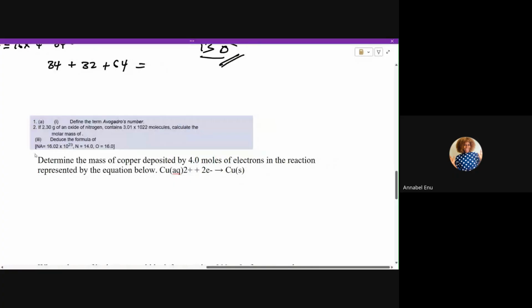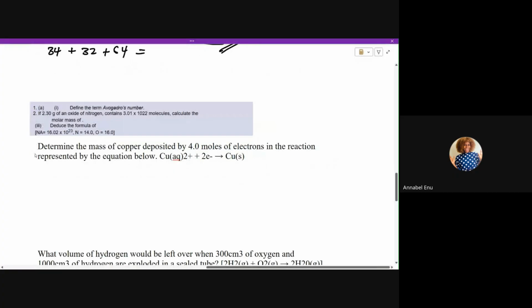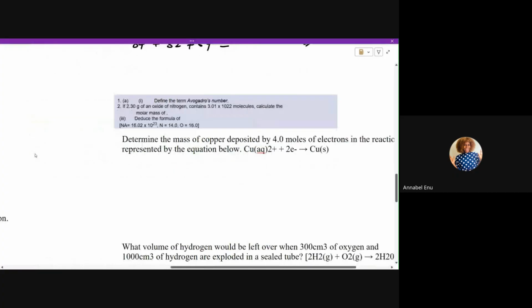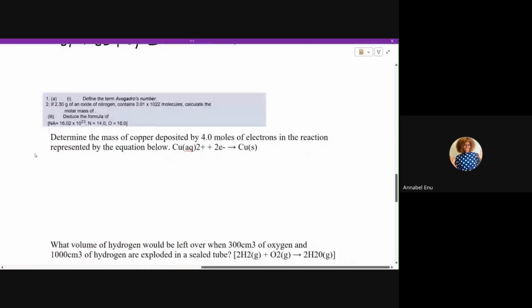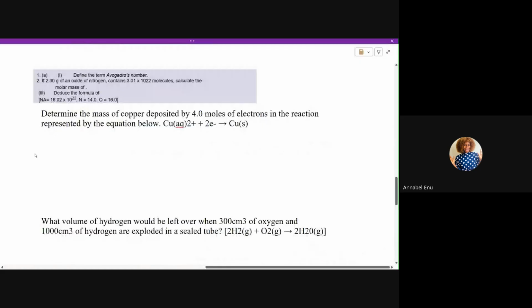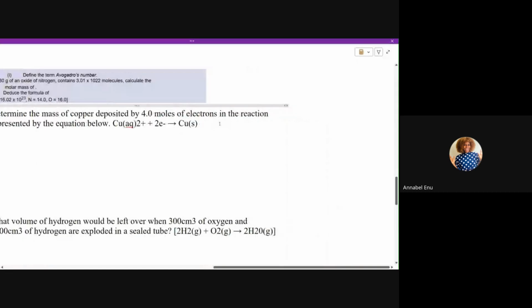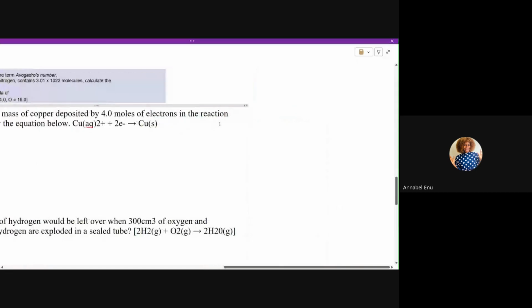Okay, this question doesn't look complete. Now the next question says determine the mass of copper deposited by electrons in the reaction represented by the equation below. One other thing that we have to take note of are certain formulas like number of moles.